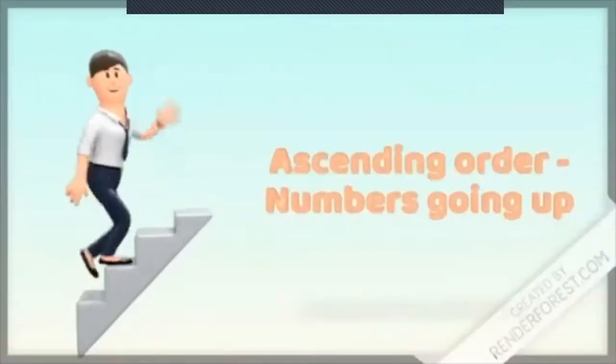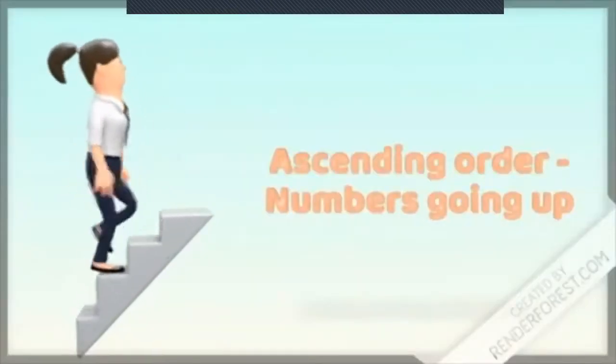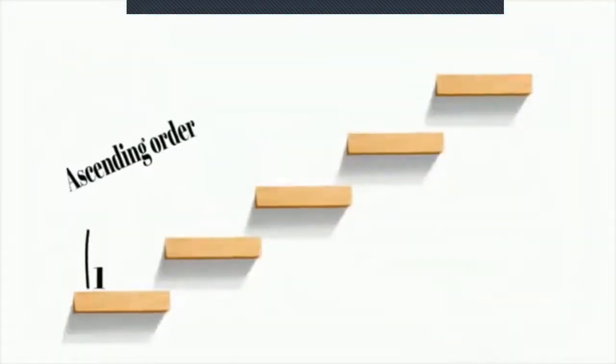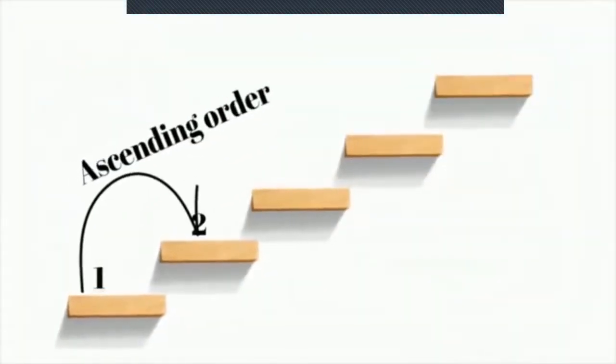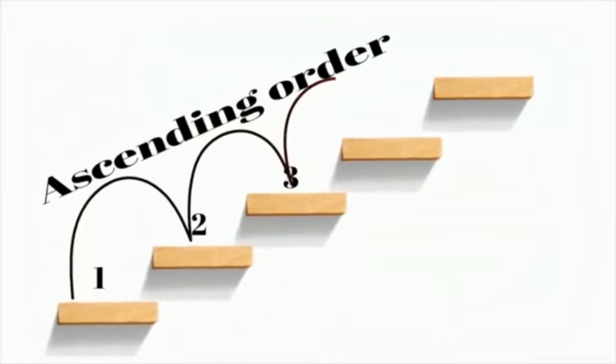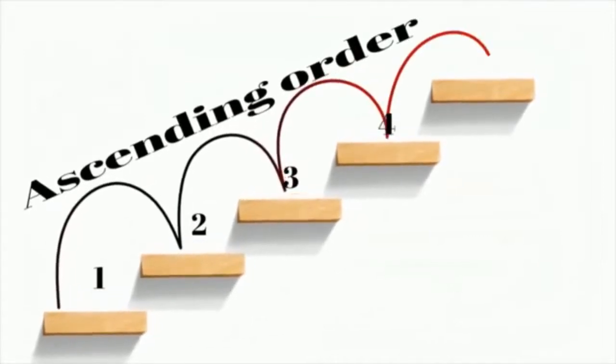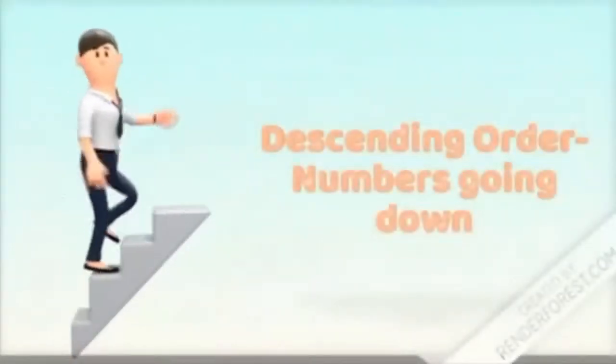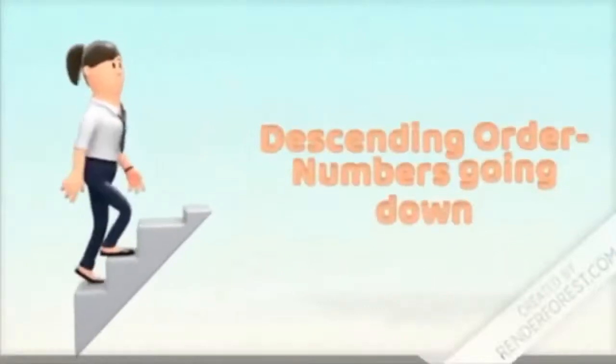In descending order, I'm climbing the stairs. The numbers are going up. That is ascending order. Now let's see. 1 goes up to 2, to 3, to 4, and to 5. The numbers are increasing. Now let's see what is descending order. Wow, it's difficult to climb the stairs down.